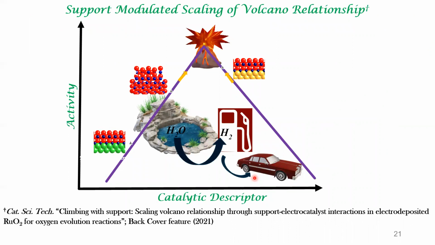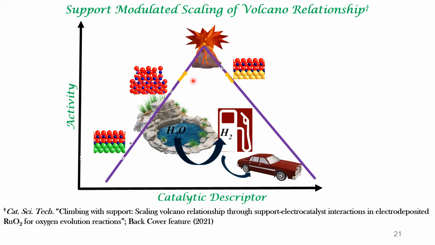Again, this approach has been demonstrated using a variety of systems. In this case, we are using ruthenium oxide, which is a very powerful oxide for the oxygen evolution reaction. We improved upon the properties of ruthenium oxide and modulated it using support effect and scaled to the peak of the volcano.